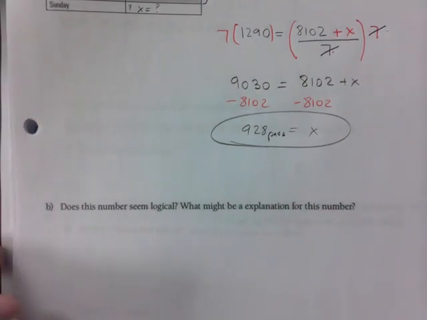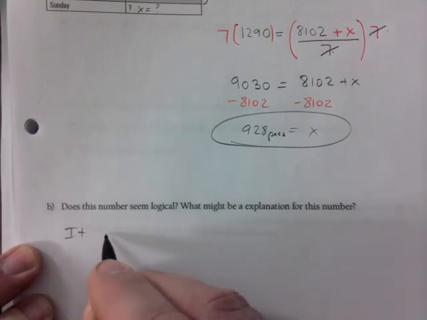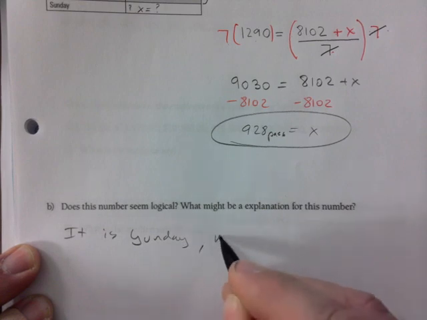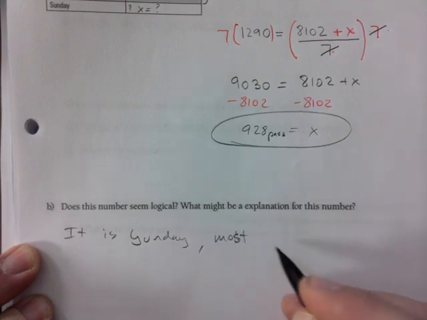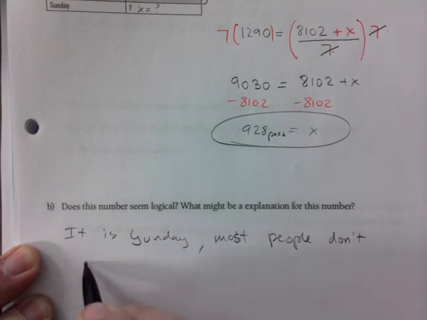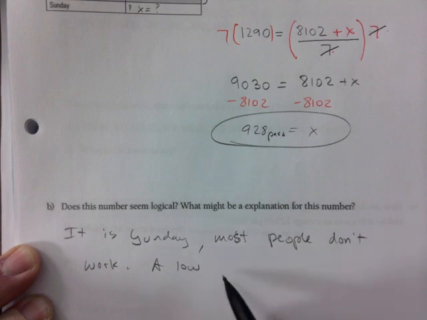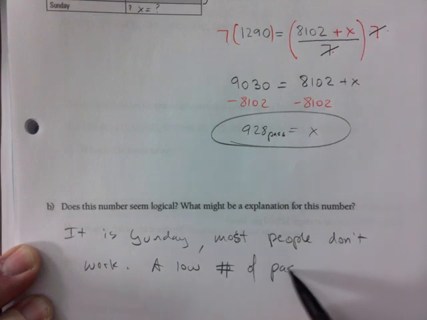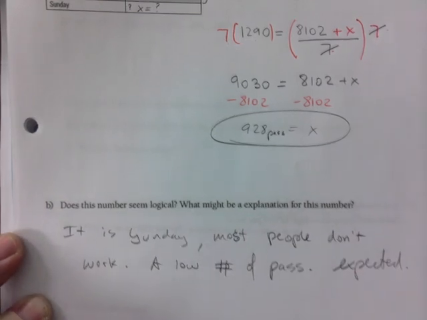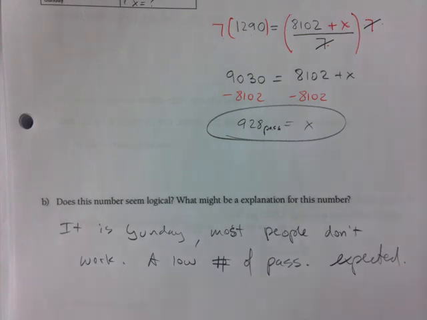So a low value is expected. A low number of passengers is expected, because Sunday is the lowest of the entire week.